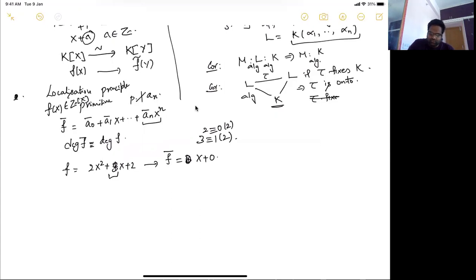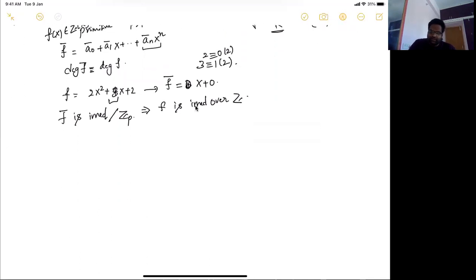So in this case, what we say is that if f bar is irreducible over Z_p[x], then f is irreducible over Z. So using this, we have concluded that polynomials of the form x to the power n plus px plus p squared, which is in Z[x], are also irreducible over Z.